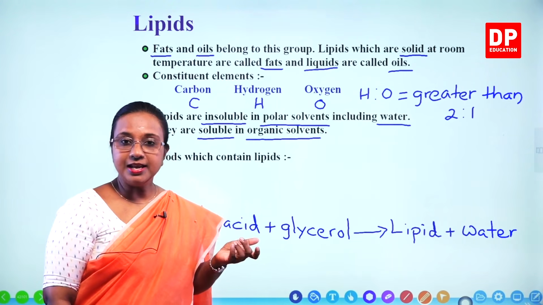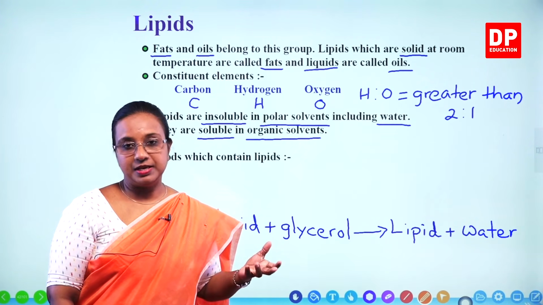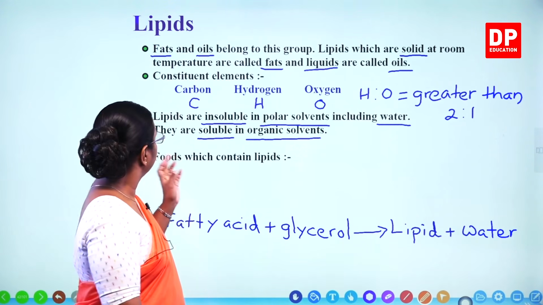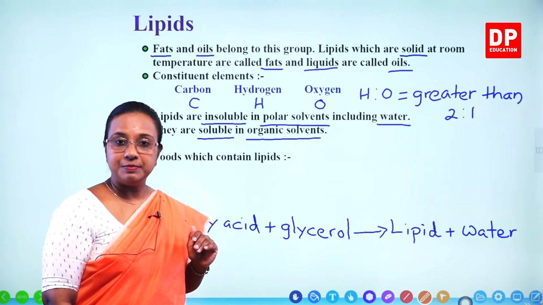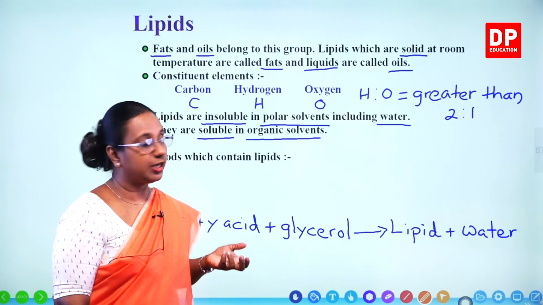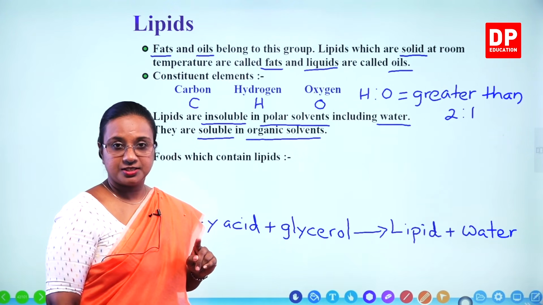So, as I said, organic solvents can dissolve lipids, both oils and fats. So, this is the structure of lipid molecule, which is again a biomolecule made up of carbon, hydrogen and oxygen.